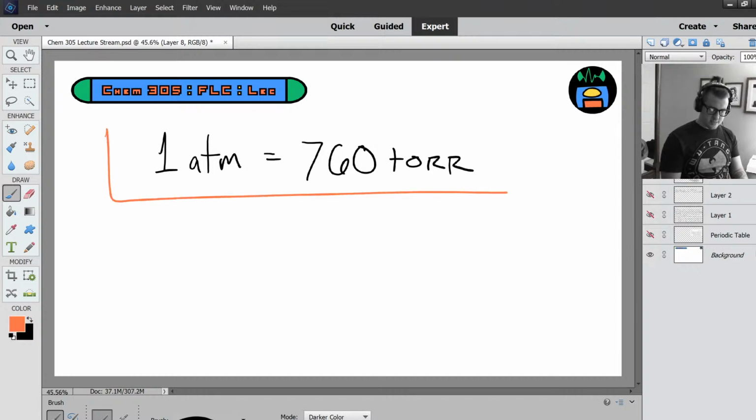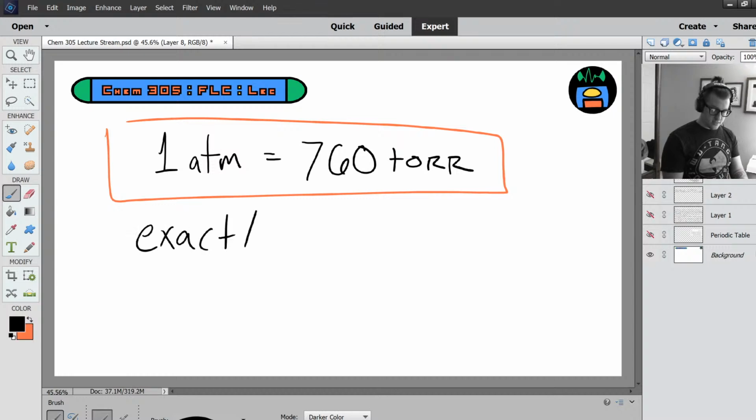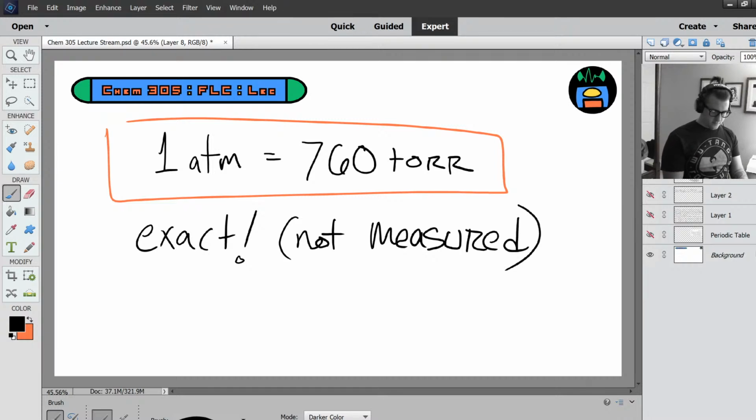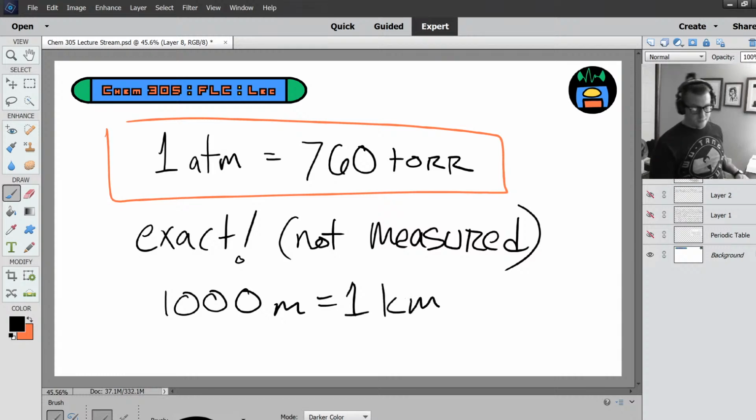Okay, and this conversion is exact, not measured, so it does not limit your sig figs. Just like the unit conversion between like 1,000 meters equals 1 kilometer. It's based on a definition, so your sig figs aren't limited.